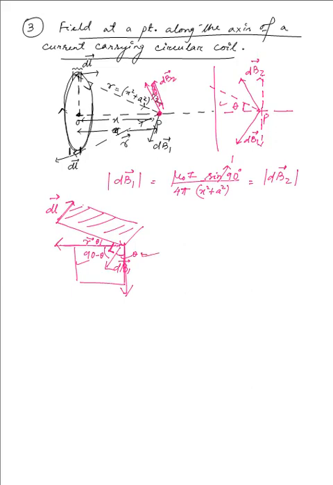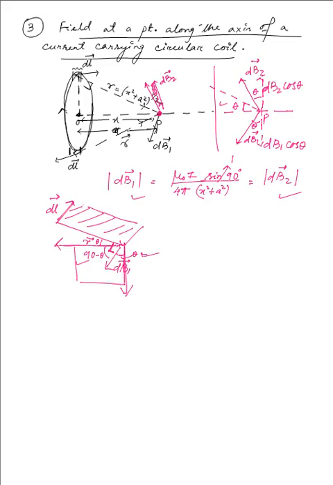So that means these two angles, this is theta and this has to be theta as well. So these two angles are theta. And that is why you have dB2 cos theta along this direction and dB1 cos theta along this direction. And both these terms being in opposite sense, dB1 and dB2, as you know, are equal in magnitude. Both these terms with the thetas being the same will be cancelling out each other.